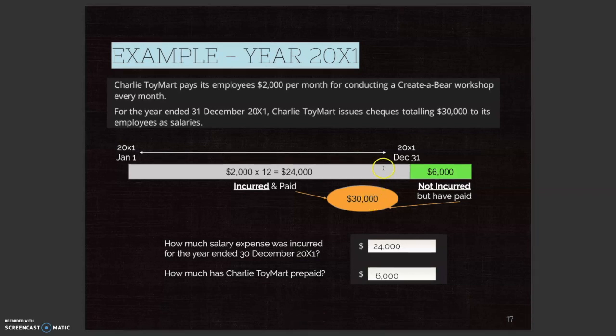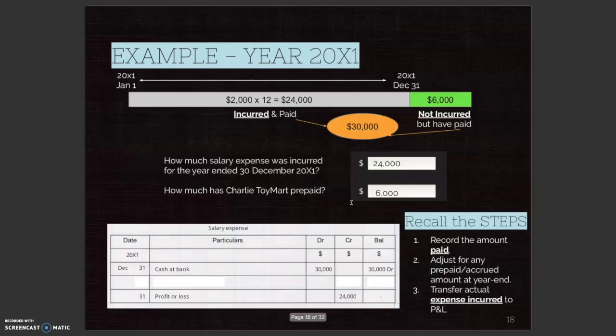Okay, 24,000 is the amount that you have incurred. 6,000 is the amount you have prepaid. How will you present this in your ledger? You record the amount paid to your cash at bank, record the amount incurred to your P&L. This caused an imbalance. The 6K will be placed in the middle as prepaid expense.